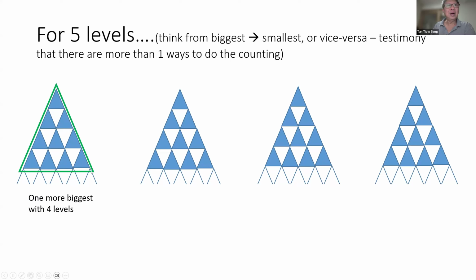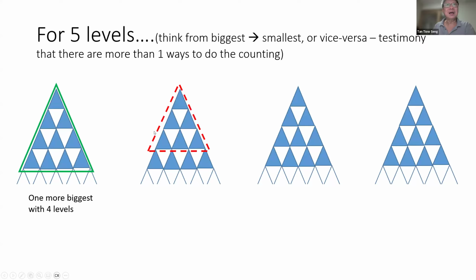It has one new size 4 triangle, which wasn't there in the house of cards of height 4, right? Because there was missing this guy. So in level 5, I actually added this, and the 10 cards below as new cards. So this is missing in the counting of 4 levels.